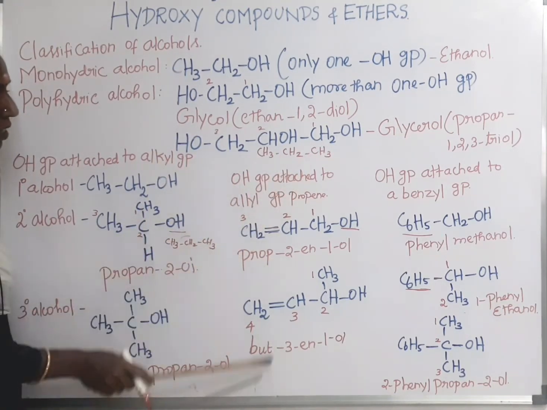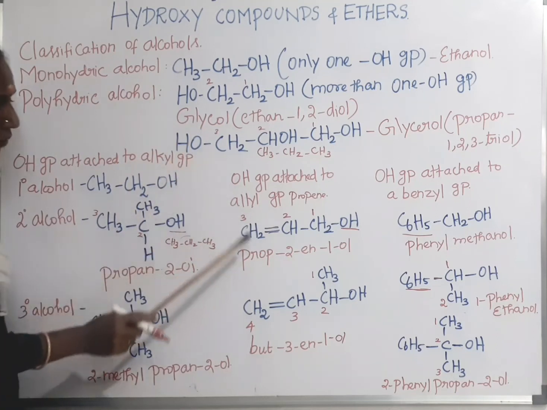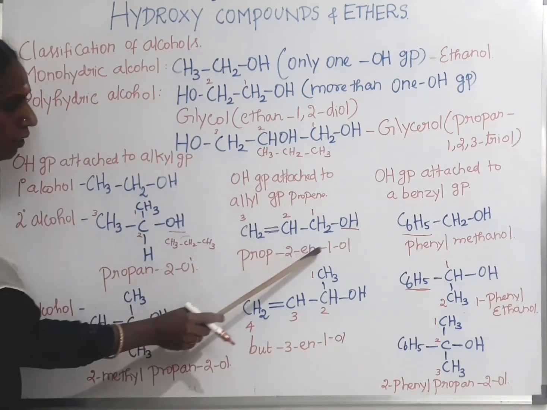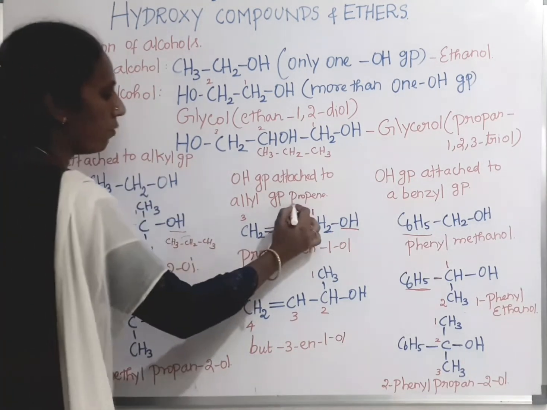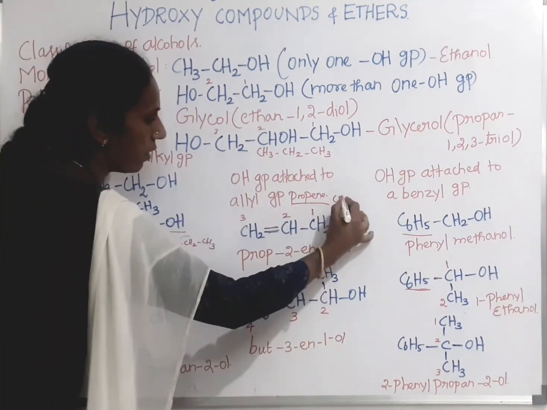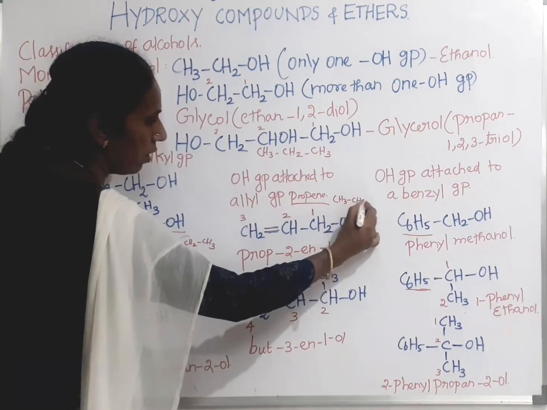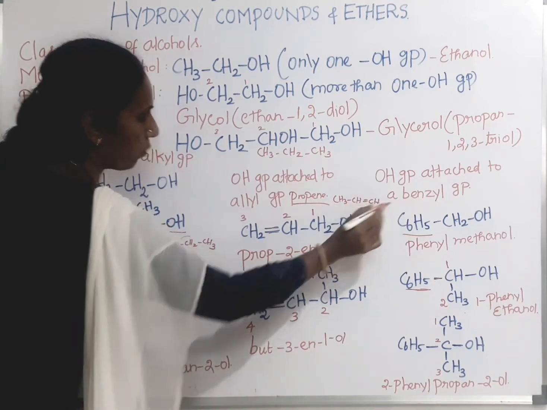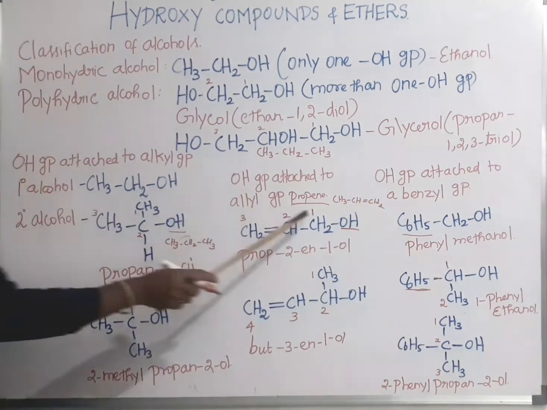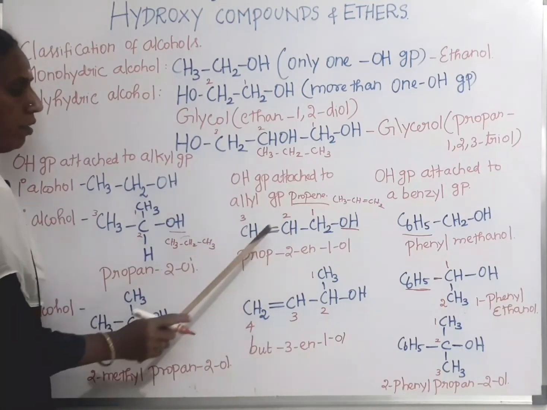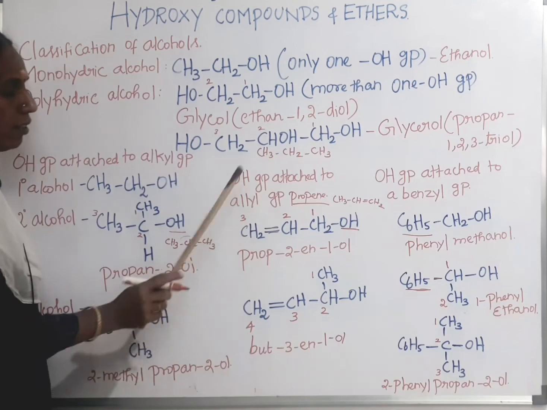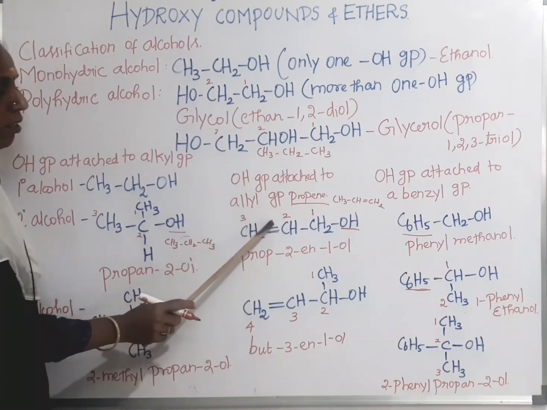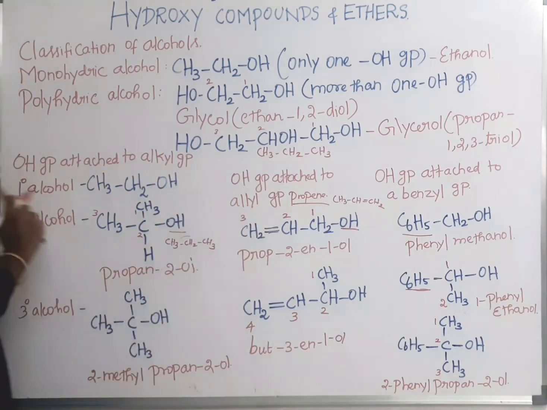The next one is the hydroxy group attached to an allyl group. Let us see two examples for this classification. The first example is prop-2-en-1-ol. What is the formula for propene? CH3CH=CH2. Ene means alkene, the unsaturated compound, unsaturation.